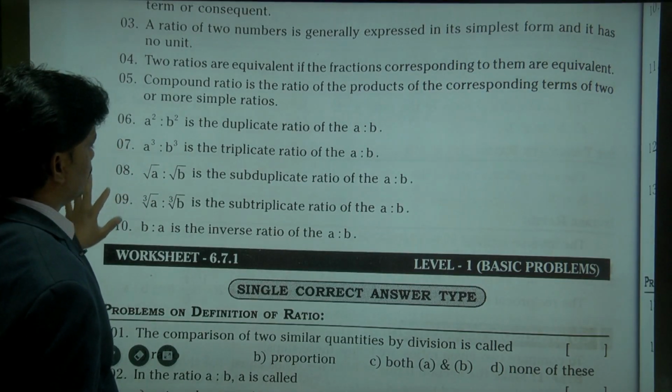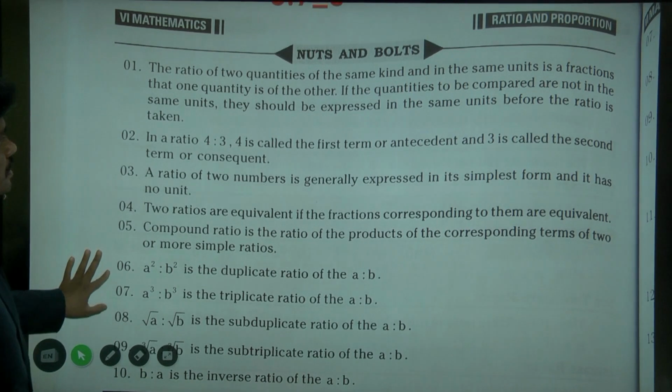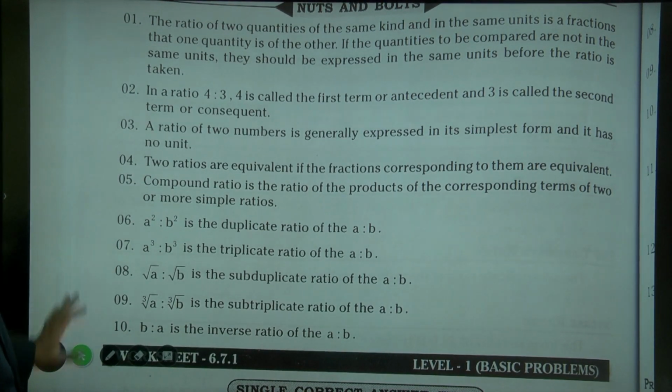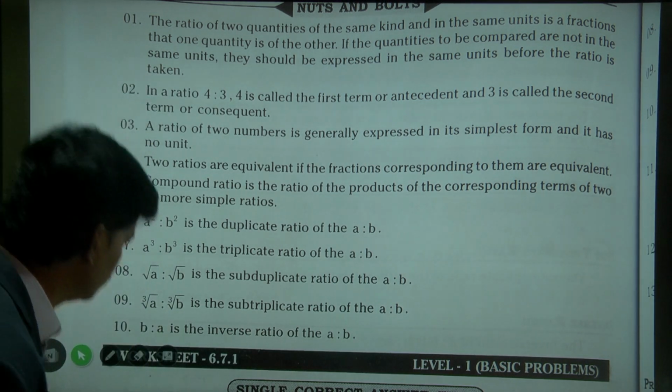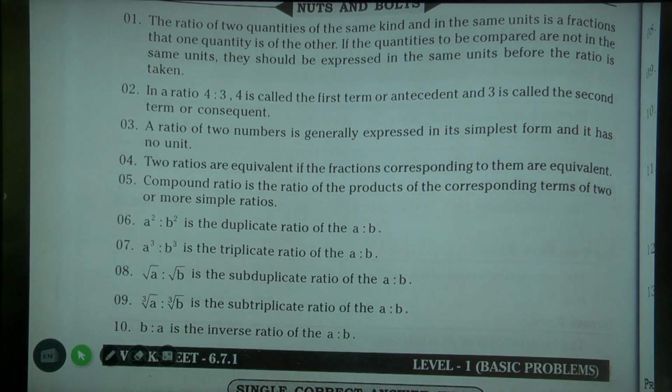Okay, the points we have discussed till now, here we have the revision. Once we go through point 1 to point 10, then we go for the objective questions, which are basic problems.